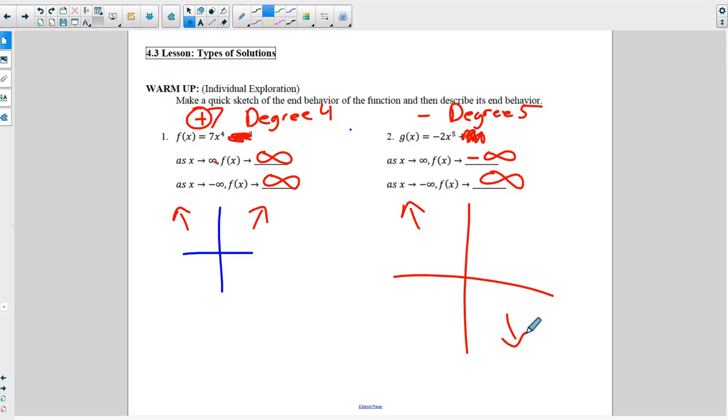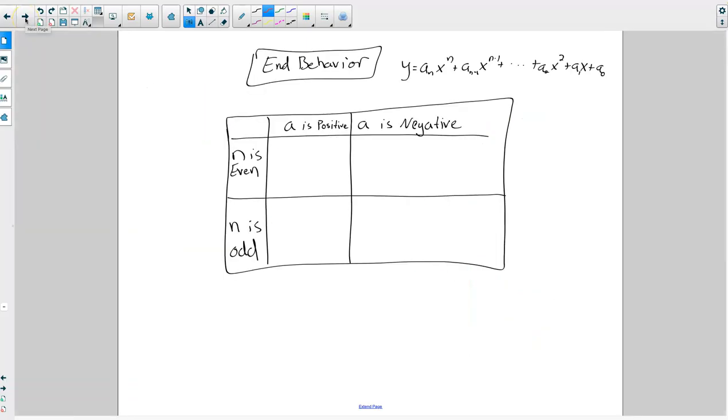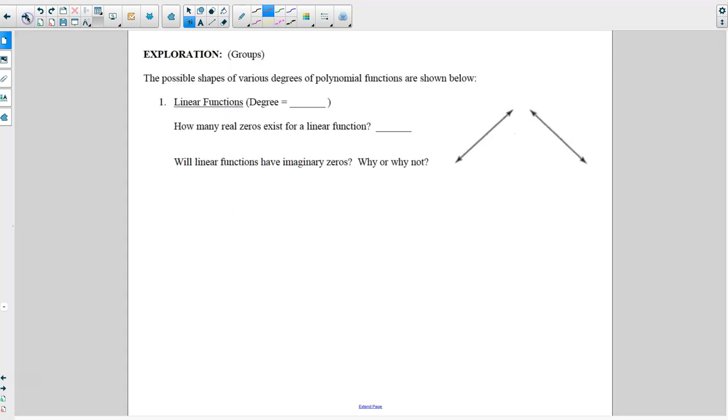All right, any questions there? You had this chart yesterday. It's a pretty helpful chart. Make sure you utilize it if you need to. So, linear functions, I'm going to write one out. Y equals 2x plus 7.